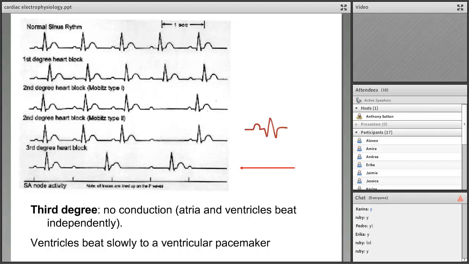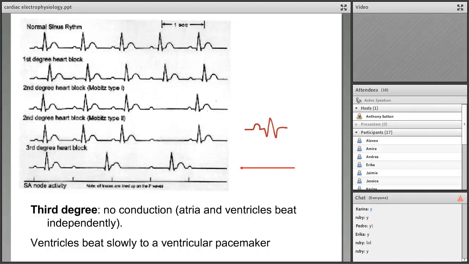Because normally you're supposed to have a P followed by a QRS, right? Everybody follow me? But now in the third degree, the P and the QRS may not be going simultaneously. They're totally off. So that means that the atria and ventricles can start beating independently, which is a problem. Does everybody understand that?